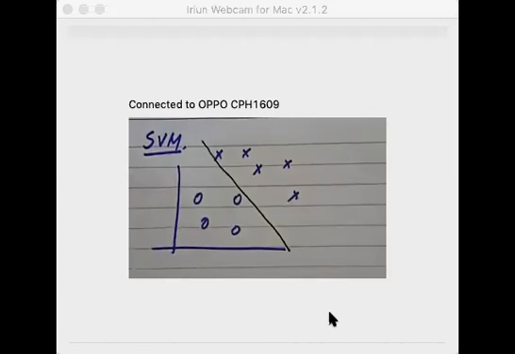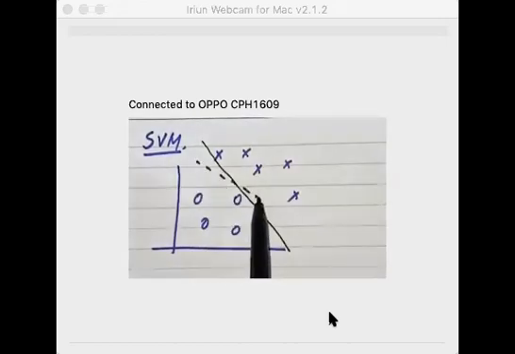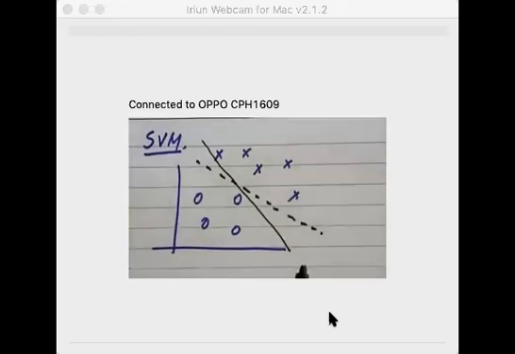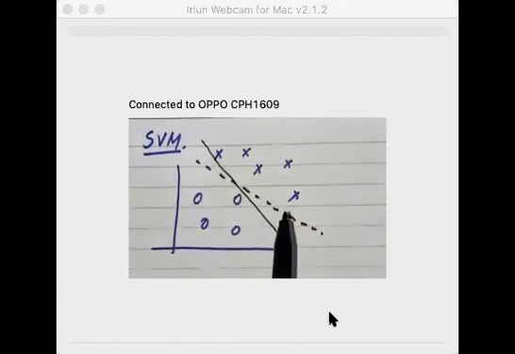And another decision boundary can also be drawn, which I'm showing here in this dotted line. Both of these are decision boundaries, but one is a better decision boundary compared to the other. And you can well imagine which one is better. Obviously, the one with the dotted line is a better decision boundary.